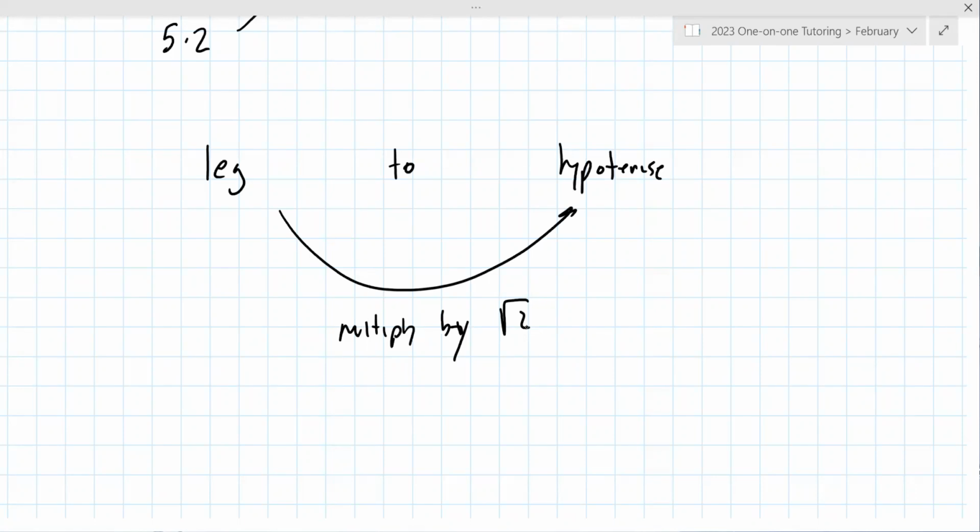Do you have this down in your notes? Let me just write this. I'm writing this down. Okay. Got it.